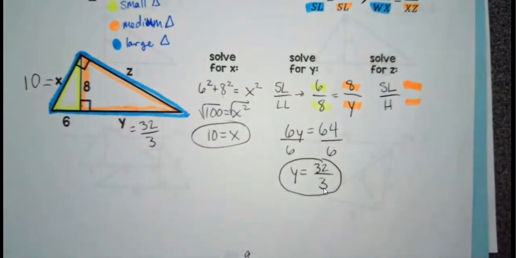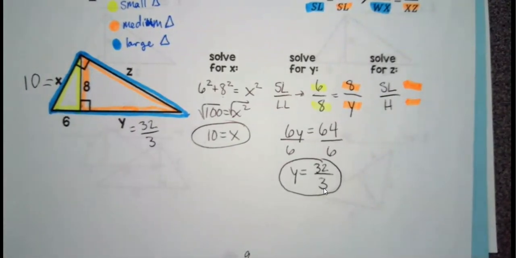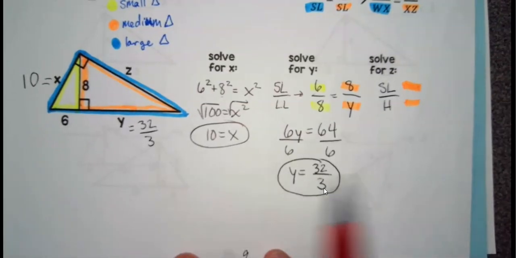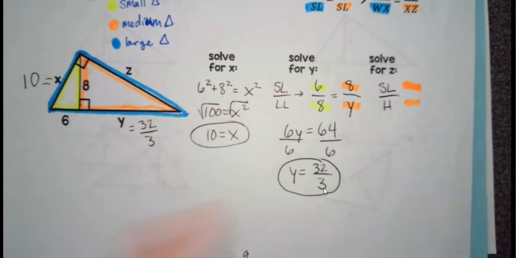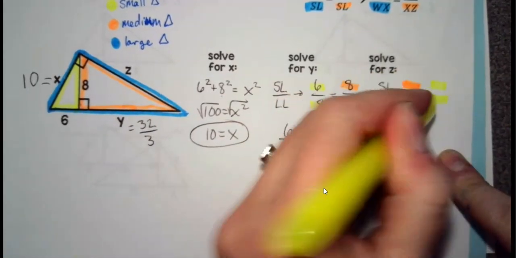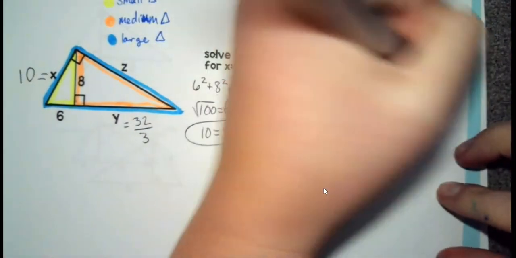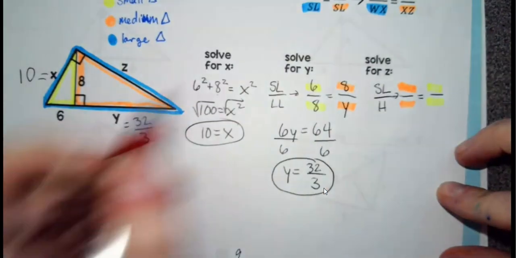The reason I can do this is because the yellow triangle, or my small triangle, we have all 3 sides and they're all even, beautiful numbers. No crazy fractions. So I'm going to use the short leg and the hypotenuse for my orange, and then for my yellow, I'm going to also use the smallest triangle, the short leg over the hypotenuse. My reasoning for using these is because I want to make this as easy as possible on myself.